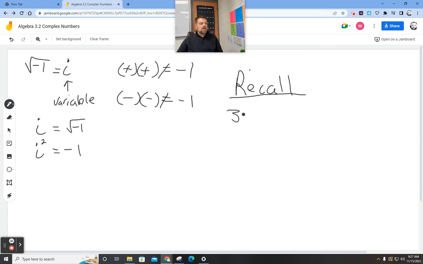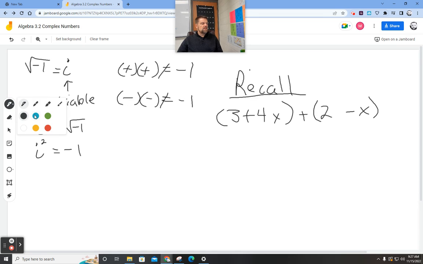If I take 3 plus 4x and I add that to 2 minus x, we have this thing called like terms. I got a number and I got a number. Those are like terms. And then anything with a variable, positive 4x and negative x, technically negative x is the same as -1x. Those are like terms.